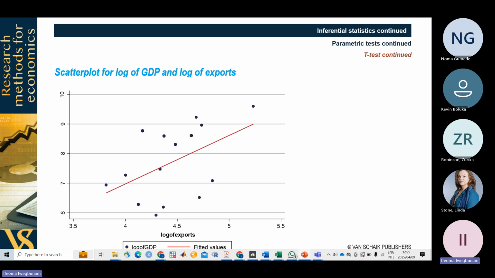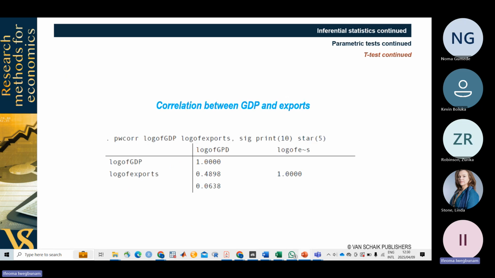Looking at the sample, it shows that in some cases the sample might not be a normal sample, and though there is a relationship, it might not really be a straightforward relationship between the two variables. And this is also the result of the correlation test between GDP and exports.